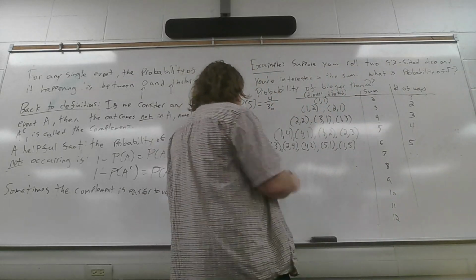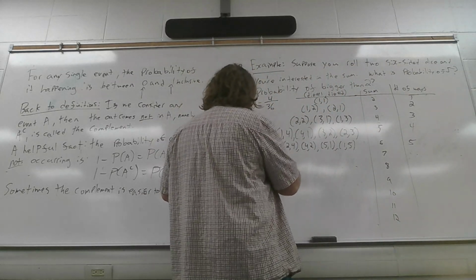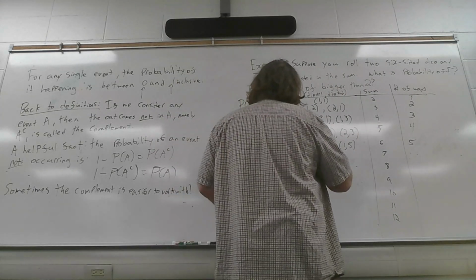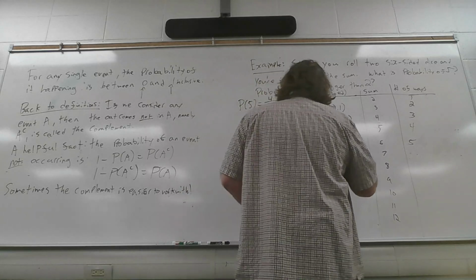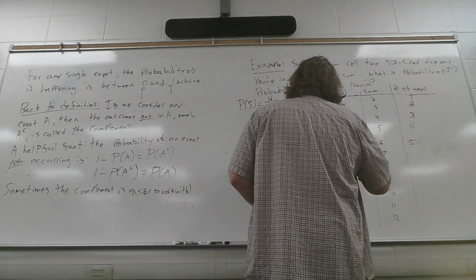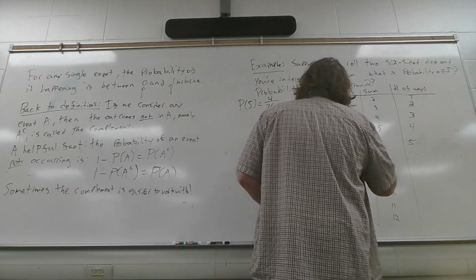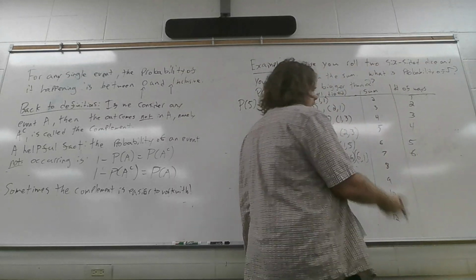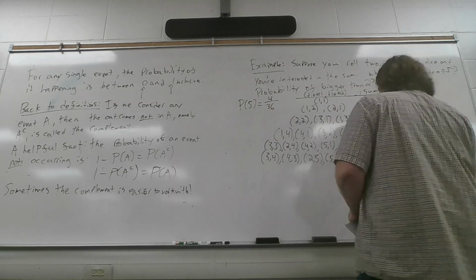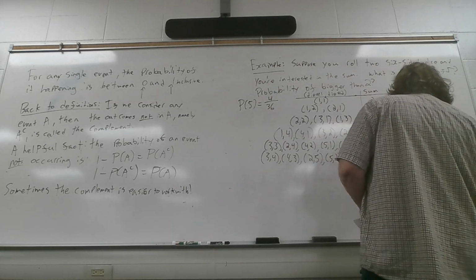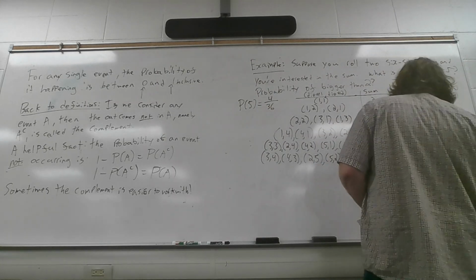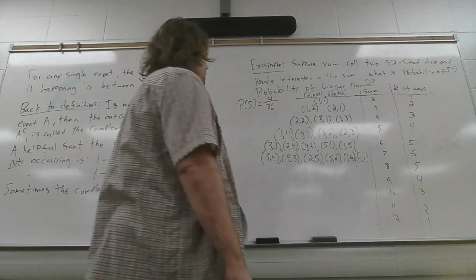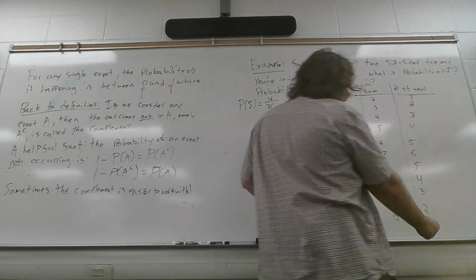And 7, same thing: 3 4, 4 3, 2 5, 5 2, 1 6, 6 1, and there's 6. And then it actually starts going down now. You can keep doing this, but the point of me writing all this down is to show something here. This does add up to 36, so great.